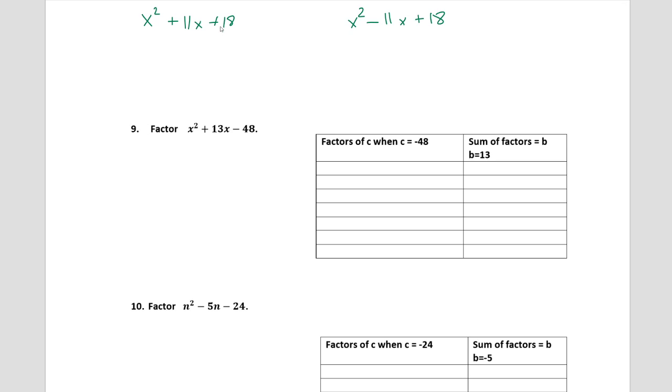In the last video we dealt with where the third term was just a positive value, but the second term is either a positive or a negative. With the last term being a positive, then you know that the signs were going to be the same on each factor.